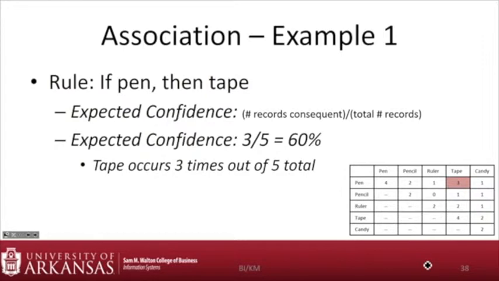So 5 people went shopping. Of those 5 people, 3 of them bought tape. So regardless of whether they bought a pen or not, 3 of them bought tape. It doesn't matter what they bought. So for the expected confidence, it's just about what happened in that consequence. So people buying tape, we had 3 people buy tape. It doesn't matter what else they bought.